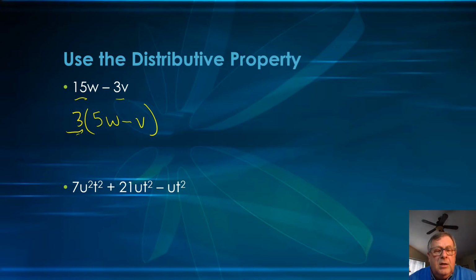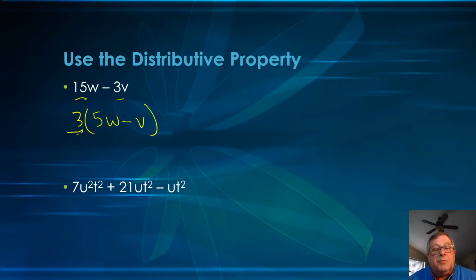Now let's look at this second polynomial. It's a trinomial, and I've got 7u squared t squared plus 21ut plus ut squared.